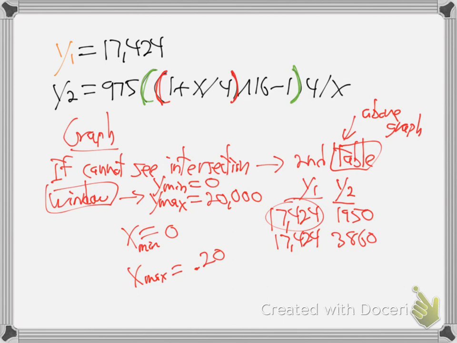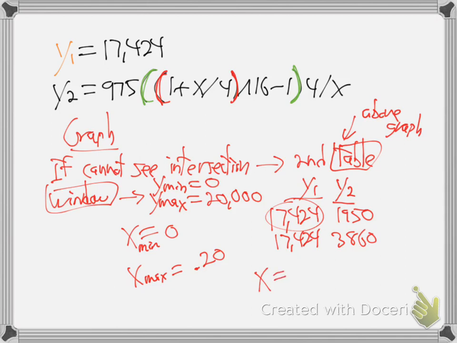Now hit second calc. Let's try it again. I'm having a lot of trouble today. Second calc, go down to intersect, hit enter, enter, enter. Boom. There it finally is. We've got an answer.